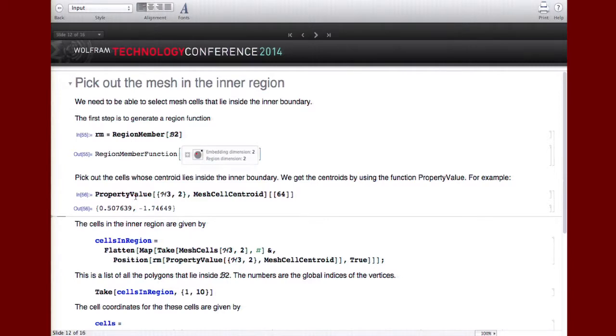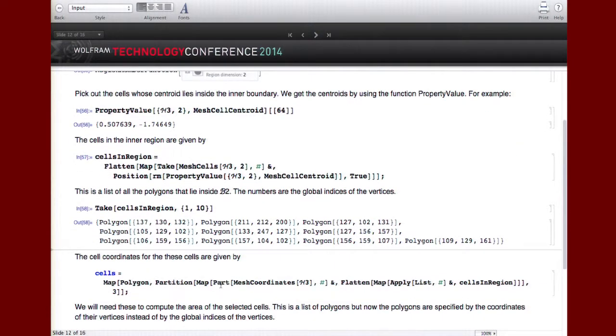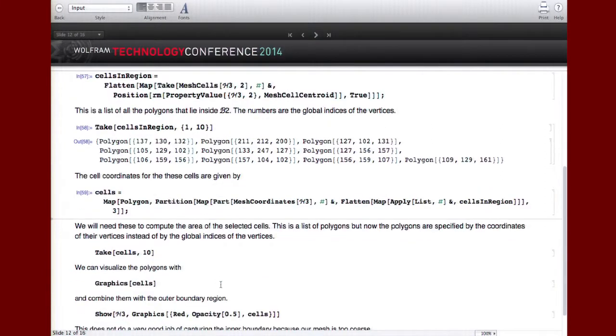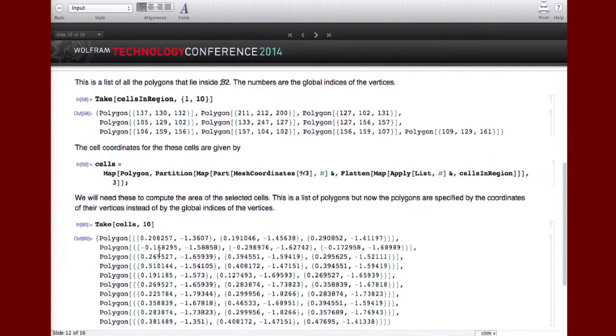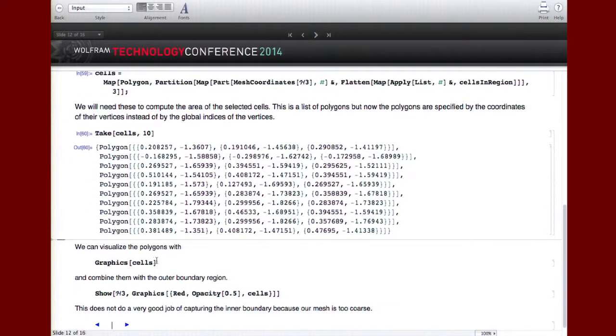If it's inside the region you're in, otherwise you're out. So this gives us, for instance, the cells in the region. This is still a relatively small example, so there they are, and we can get the cell coordinates from them. We need these to compute the areas of the cells. So here, for example, are some of our cells that lie in the region.